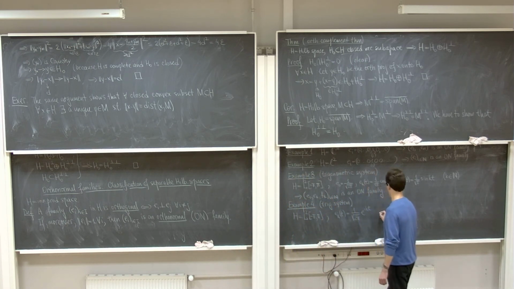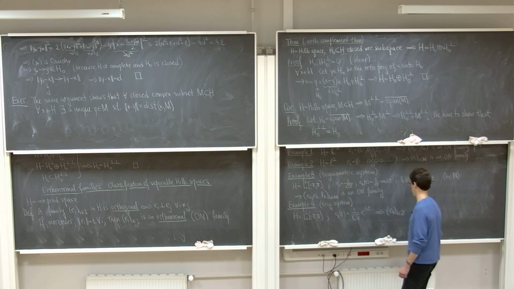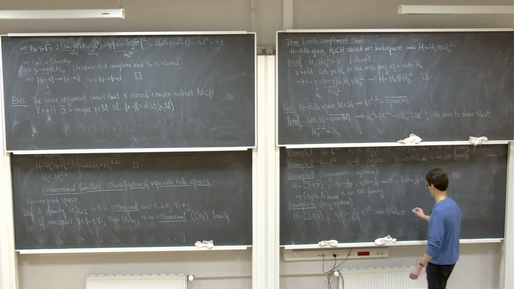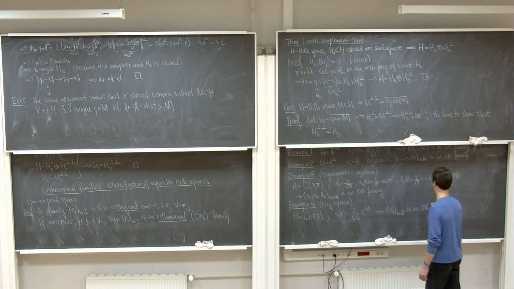And again, a simple computation shows that the resulting family e_k, where k runs over the integers, in particular it can be negative, is an orthonormal family, which is also called the trigonometric system.